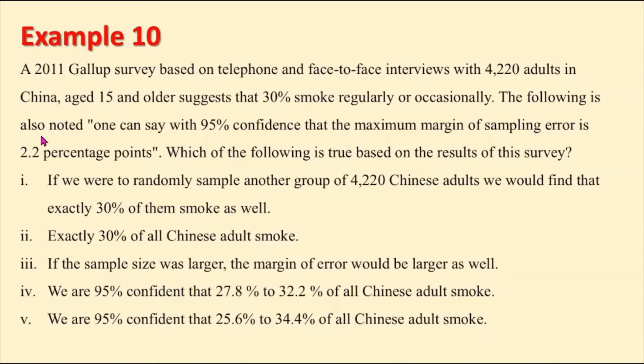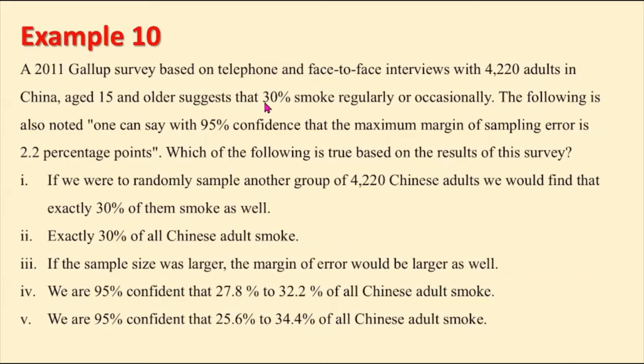The following is also noted: one can say with 95% confidence that the maximum margin of sampling error is 2.2%. So when we say 2.2% as the margin of error, you can go 2.2% down or 2.2% up from 30%.